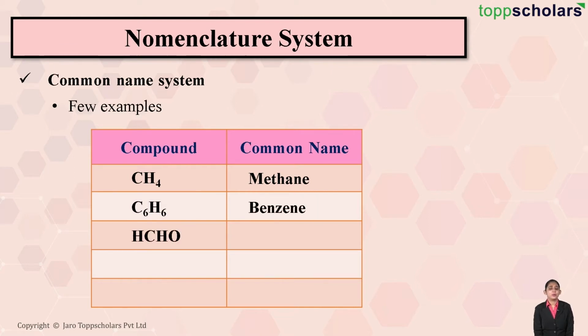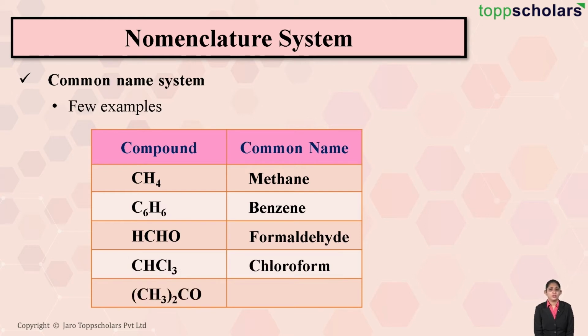The next compound we have is HCHO, and the common name used for this compound is formaldehyde. What about the compound CHCl3? The common name used for this is chloroform. And what about CH3COCH3? The common name used for this compound is acetone.